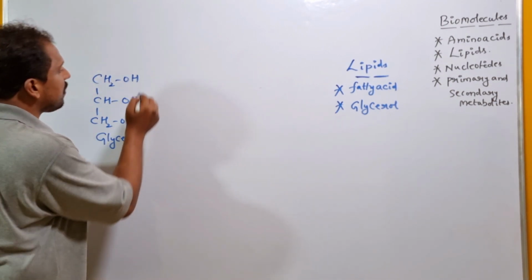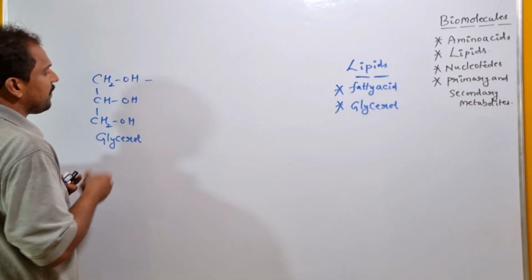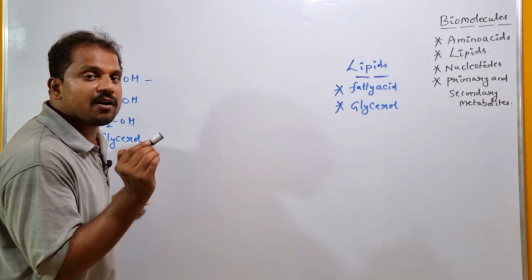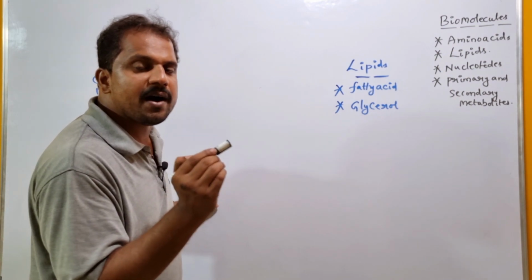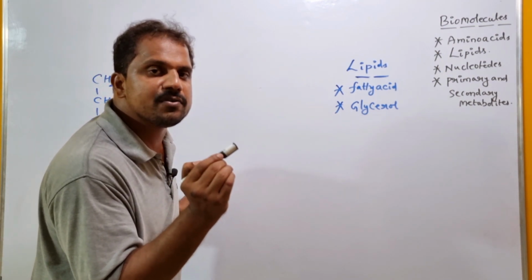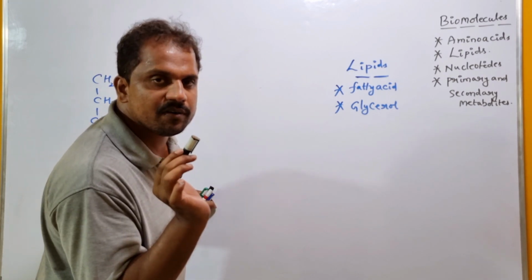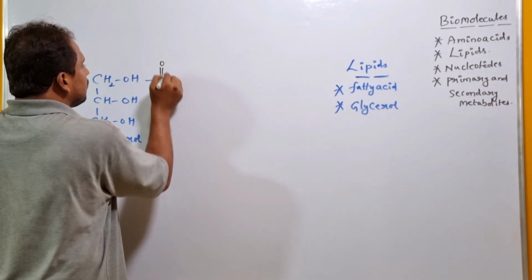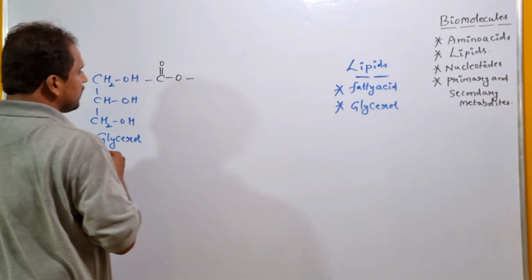And here it is fatty acid. As I have already mentioned, the fatty acid contains a functional group which is the carboxylic group. The carboxylic group, which is a part of the fatty acid, undergoes esterification with glycerol by means of an ester bond. Ester bond, right?